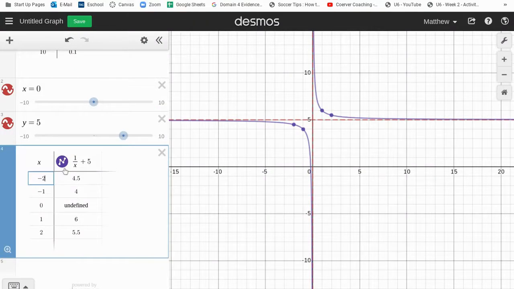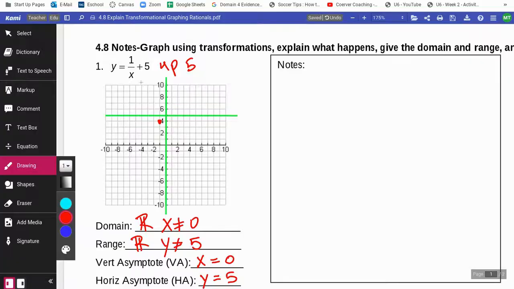And then I get 1 on the other side of undefined. 1, +6. And I know that my graph looks like that. And so I use the HA and the VA as a guide to draw that curve. Okay, and so here's my graph. Okay, and so I'm done with number 1.